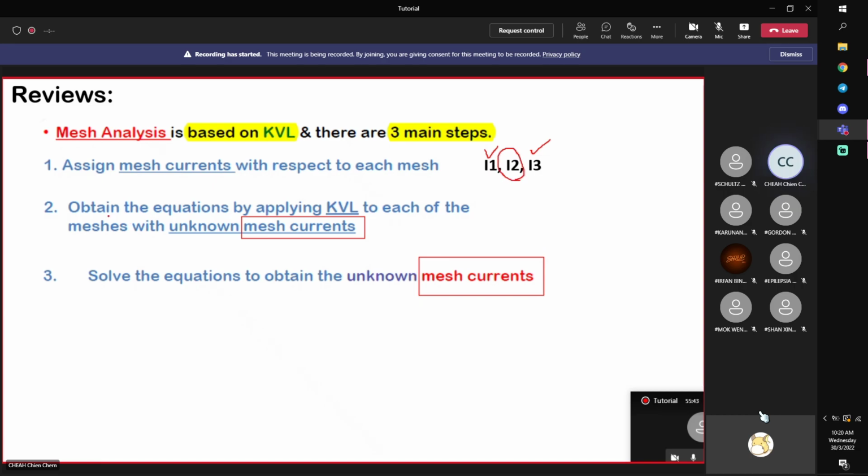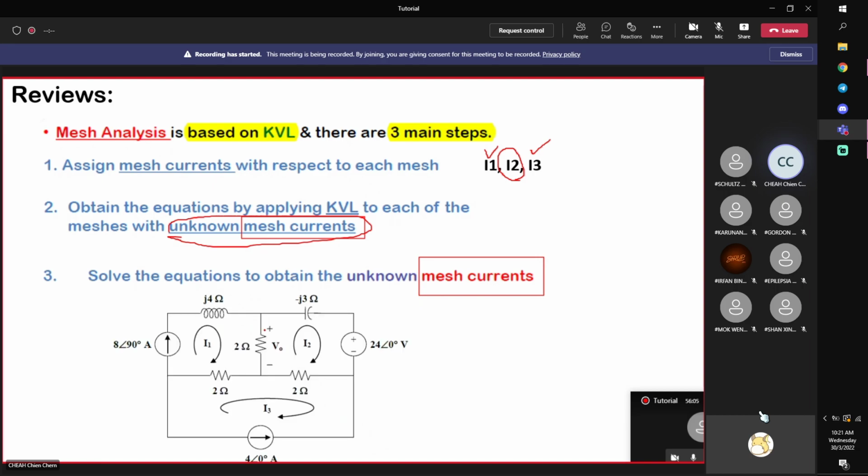Therefore, you only apply KVL at the mesh with the unknown current. If there's only one unknown, then you need only one equation. If there are two, then you apply KVL at the two meshes. Then you solve for the unknown mesh currents.